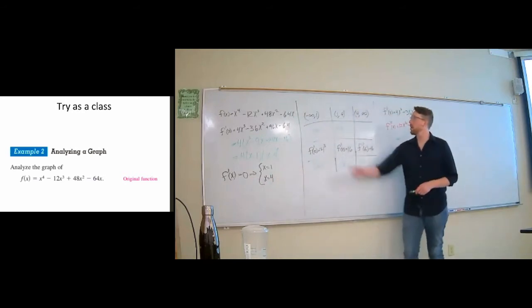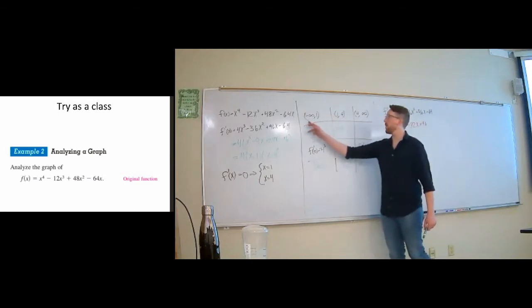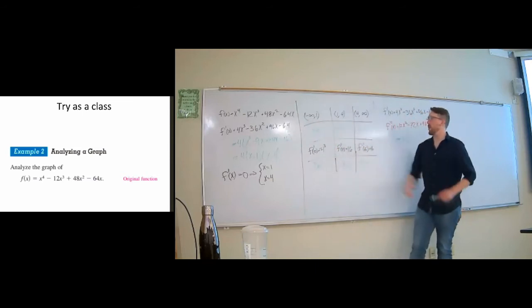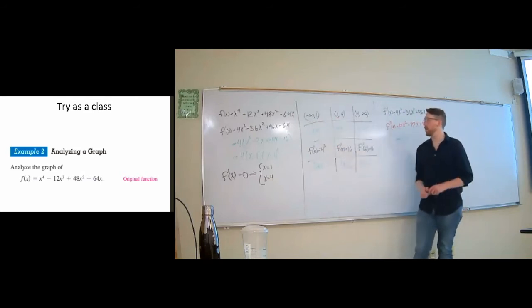we've got a critical number at 4. And we break up our number line using those values, going from negative infinity to 1, 1 to 4, 4 to infinity. And then we choose an x value inside of each of those intervals that works for us. 0, 2, and 5.